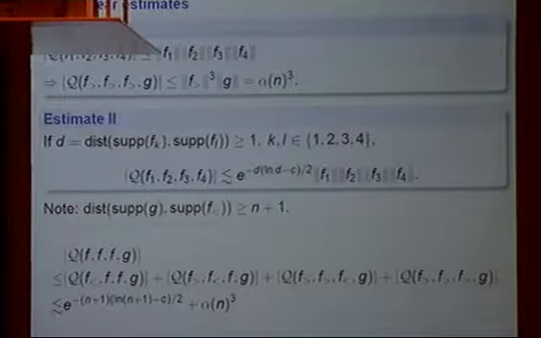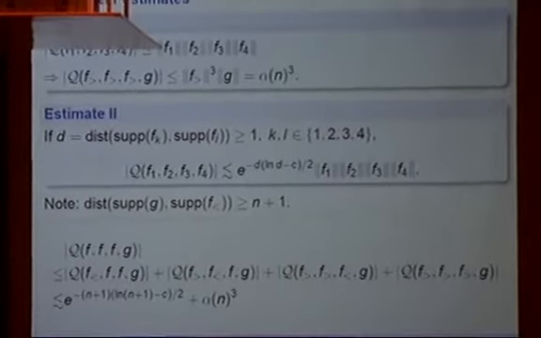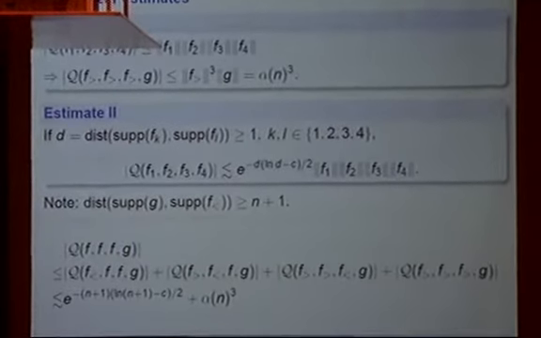So if two of them have separate supports, then we have this nice bound. That's the meaning. So here we are going to use f small and g for that in three of them. Okay. So can you see? Once we have these two estimates, we can get the self-constance bound.